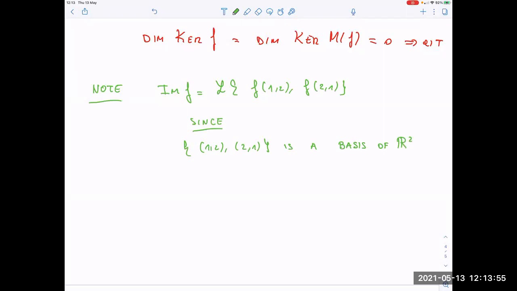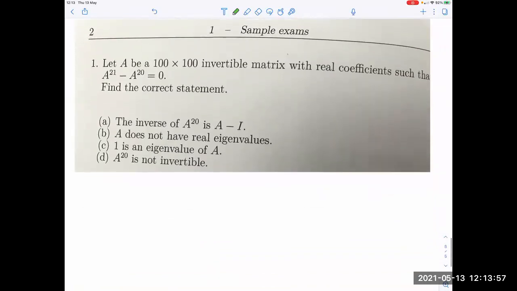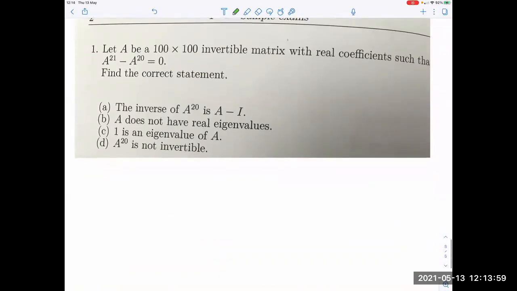Okay, so we have some people suggesting option C to be true. And what is the only thing happening here? If you have this expression, the most natural thing to do is to note that A20 times (A minus the identity) is equal to A21 minus A20. And we are saying that this is 0.